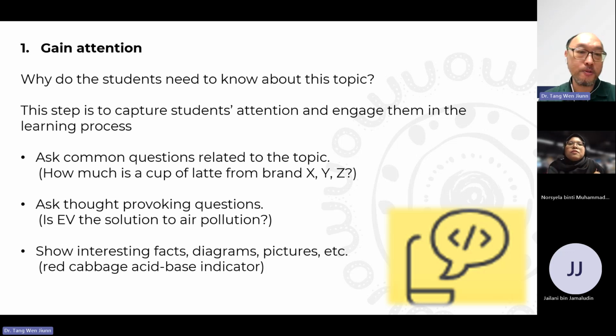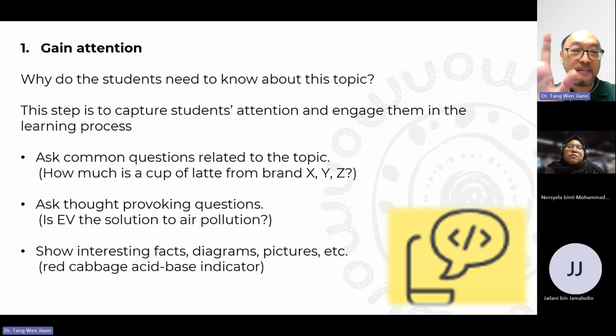Even in science, we can ask thought-provoking questions. Like now, EV is very happening, everyone is talking about EV cars. If you're teaching science, you can ask, is the EV the solution to air pollution? Then they'll start to think. Some will say yes, some will say no. Then from here, you lead them to the content.